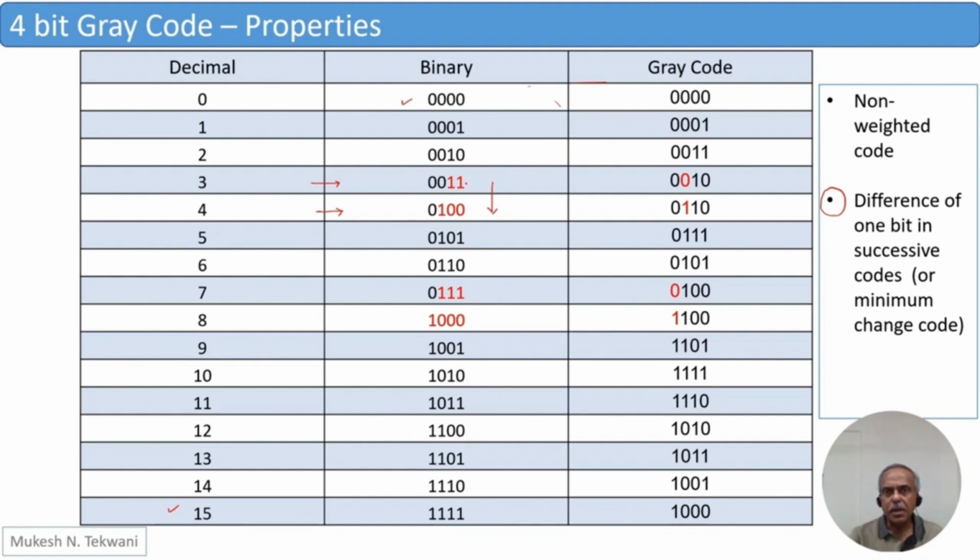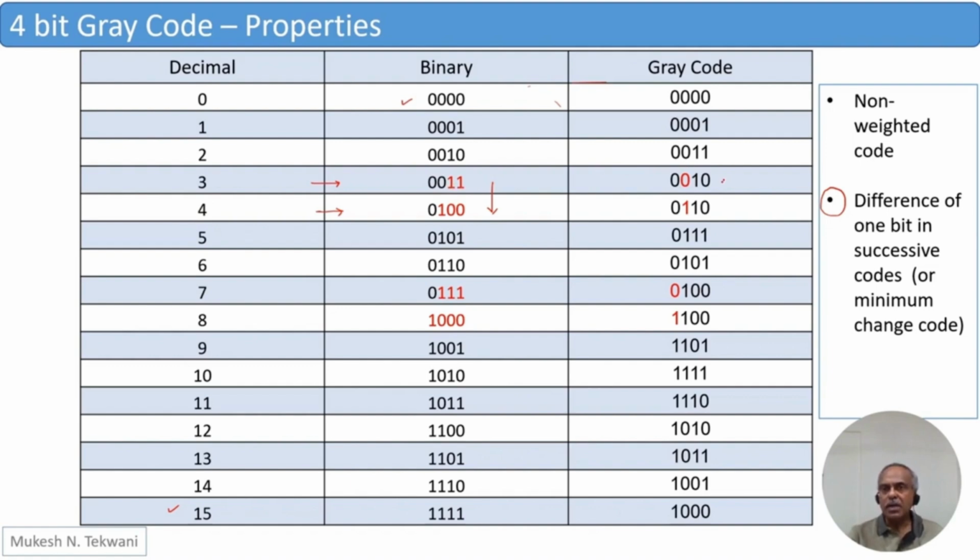The bit 1 has changed to a 0, the next bit 1 has also changed to a 0, and this 0 has changed into a 1. So as we just move from one decimal digit to the very next decimal digit, 3 bits of the binary number out of the 4 have been modified.